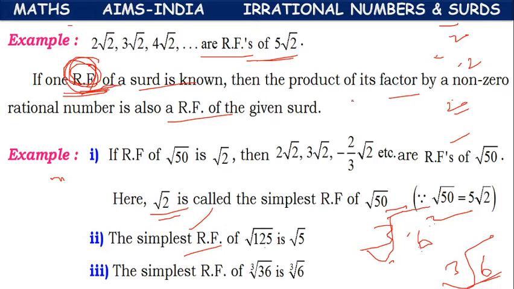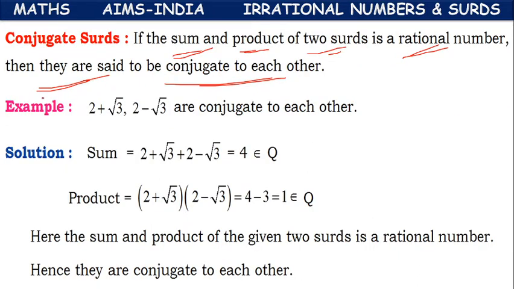That is the rationalizing factor. Here there is no involvement of addition. But conjugate surds means if the sum and product of two surds, both the sum and the product should be rational numbers, then only they are said to be conjugate.